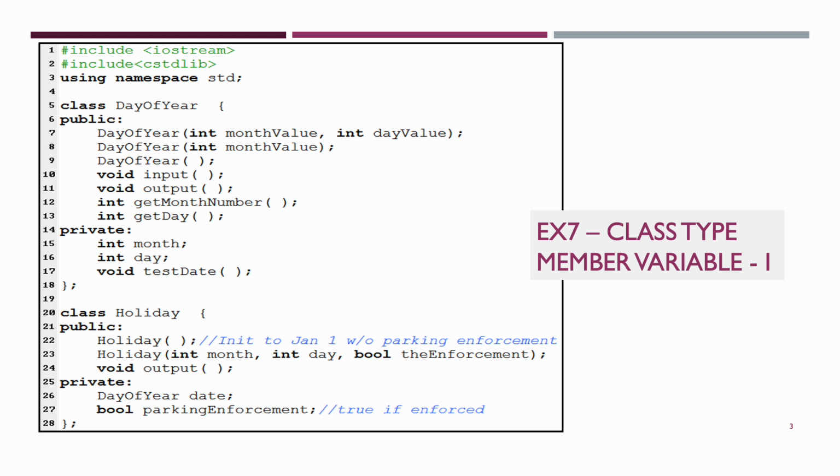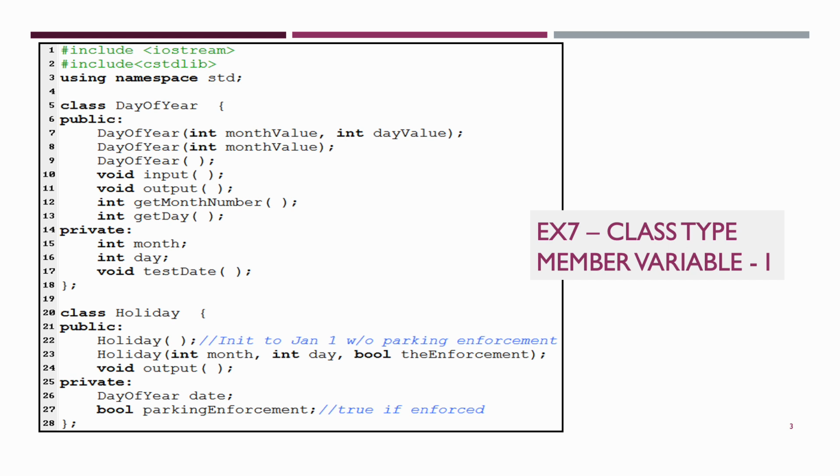First, we have the day of year class, and then we have the holiday class. So we have two classes here, day of year and holiday, and we will go through these two classes first, and then we will analyze the code.